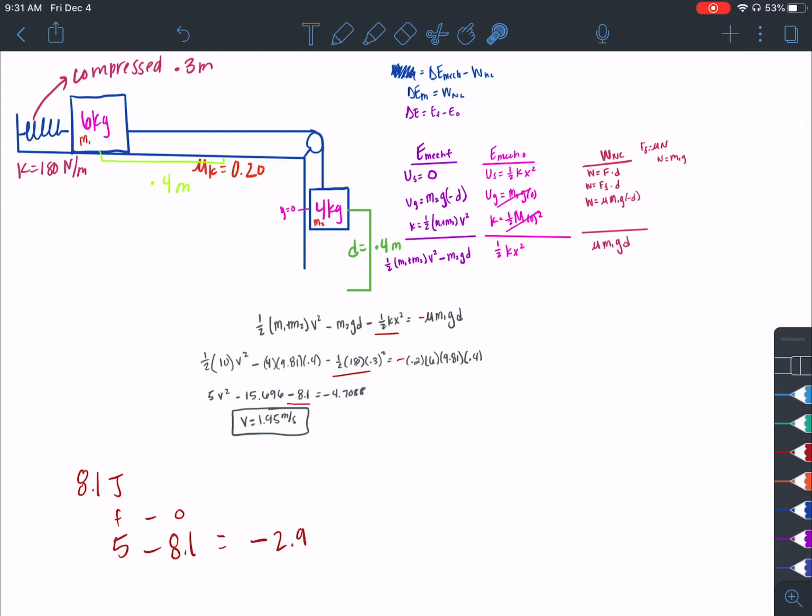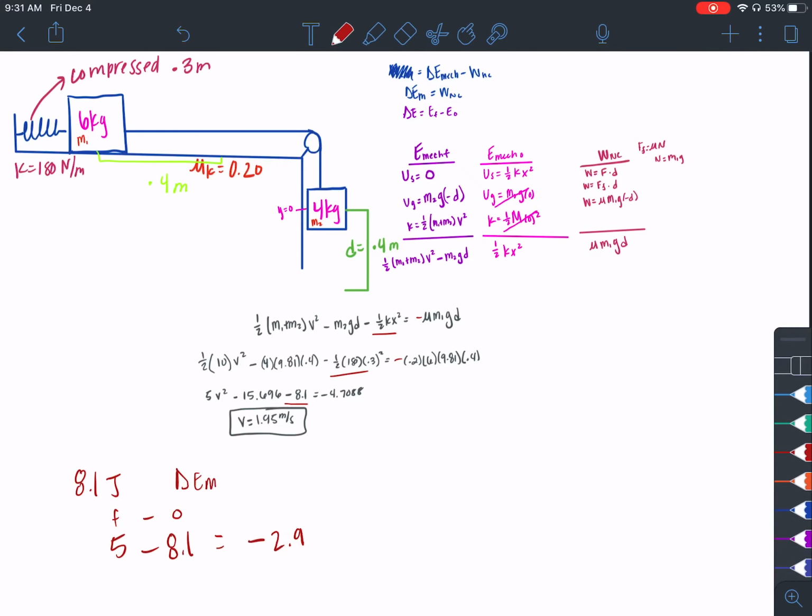But because we are losing some of our energy into thermal, the change in mechanical energy had to be a negative number. That means that the final mechanical energy is less than the original mechanical energy. That's what a negative change in mechanical energy means. Because we were losing mechanical energy, the change had to be negative.